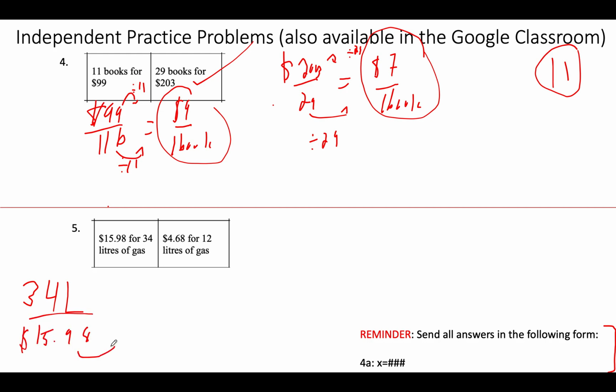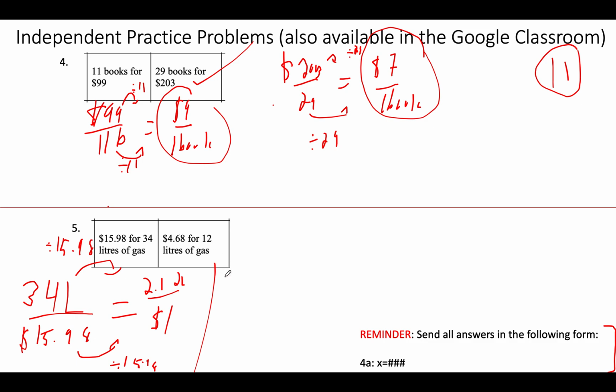We need to divide both sides by 15.98. So we take 34 and we're going to divide that by the amount of gas that we're buying. And that's going to give us around 2.12 liters per $1 that we spend.